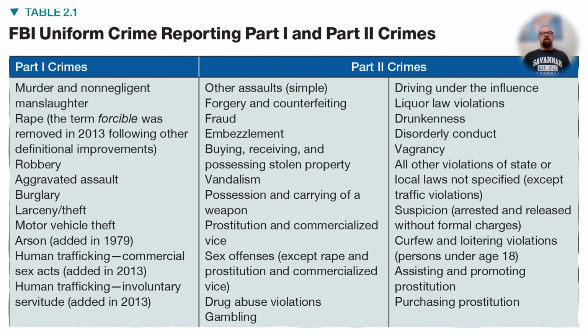So that's where you see your murder, your rape, your robberies, arson, human trafficking, all of those serious crimes. Your Part 2 crimes are your less serious crimes. So you're going to see drug abuse violations, disorderly conduct, drunkenness. All of those are your Part 2 crimes, the less serious crimes.